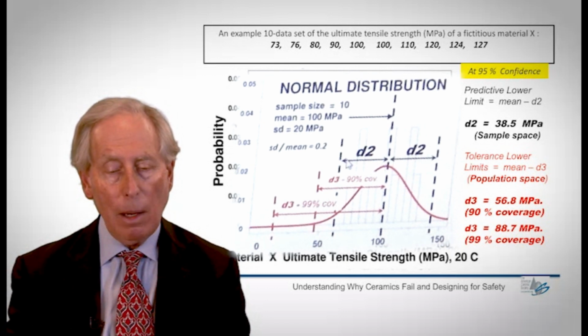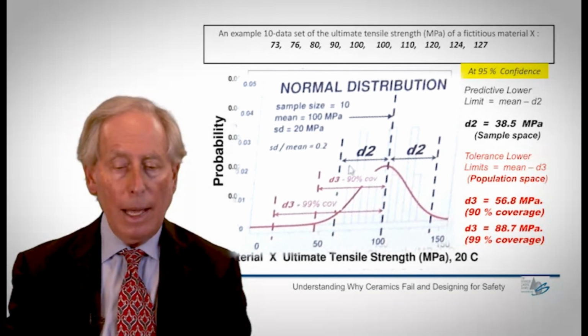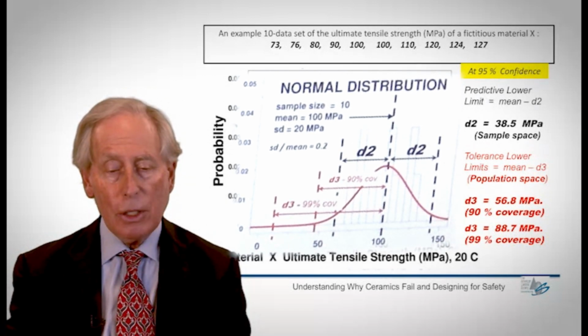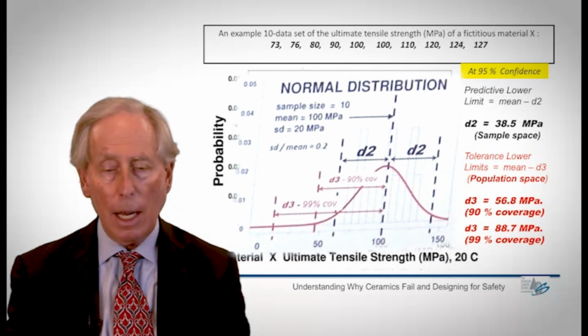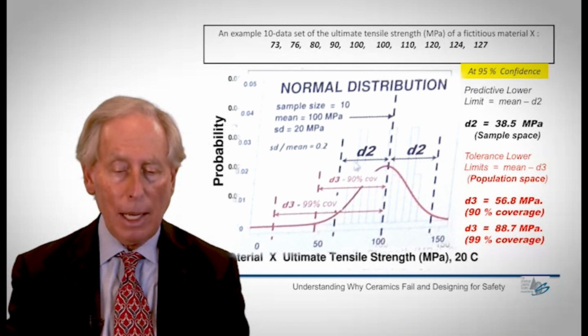I really care about what the distribution looks like at the lower end of the strength scale. So in that case, I really want D3, which is the tolerance limits, the limits in population space. In other words, for the entire set of components that I might be manufacturing, D2 represents only the distribution in the sample space, that which I test.